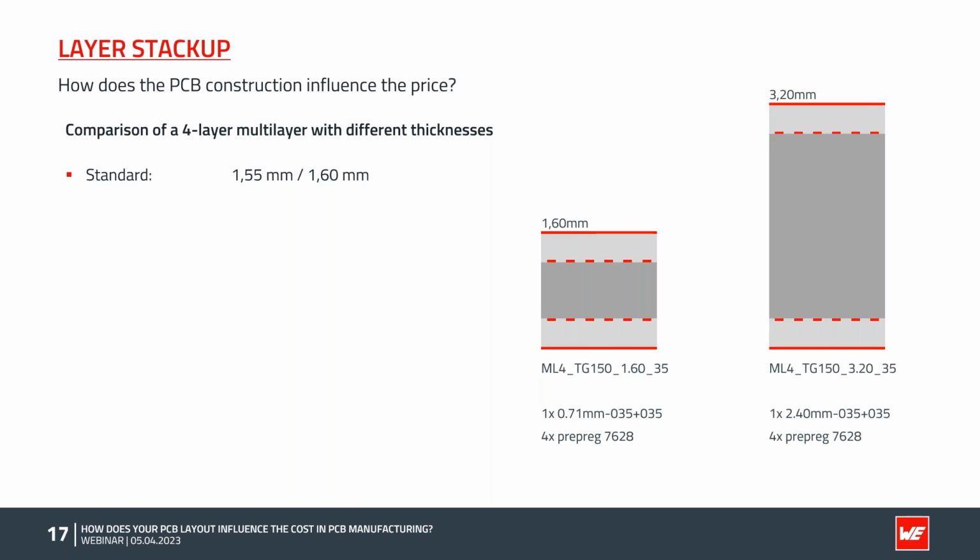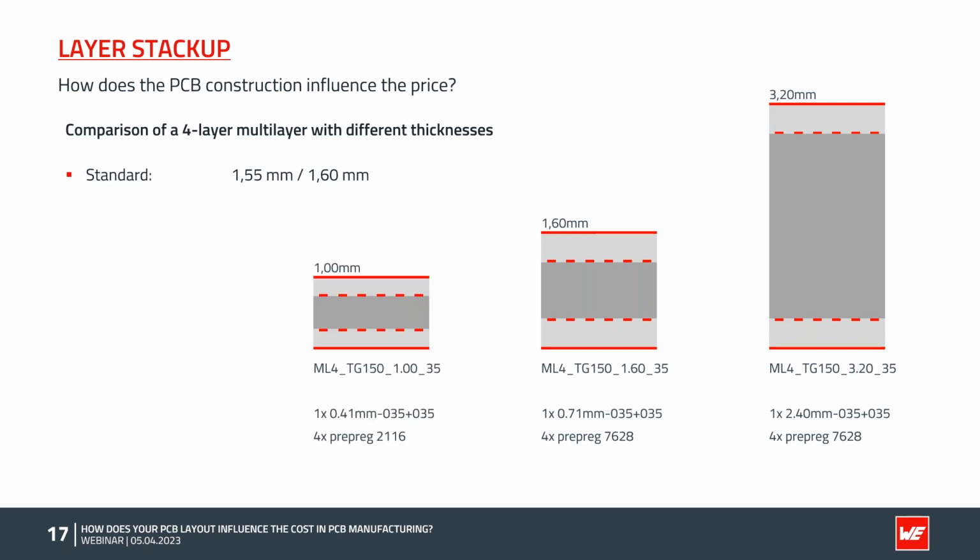If you want to have it 3.2 millimeter thick, it's still a 4-layer multilayer. To do this, we would exchange the inner layer core. We would just make it thicker to 2.4 millimeter, for example, to get up to the 3.2 millimeter. And if you want to have it thinner, we would change the inner layer core down to 0.41 millimeter.